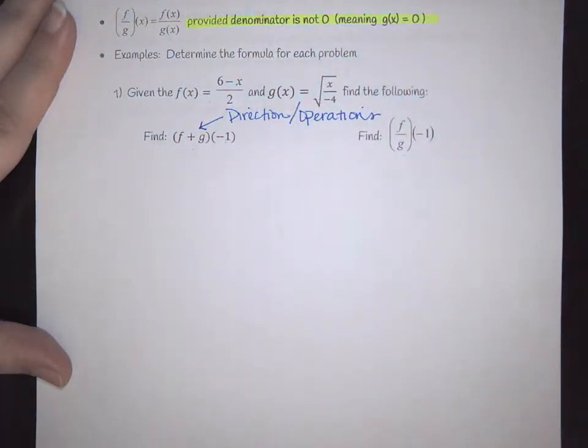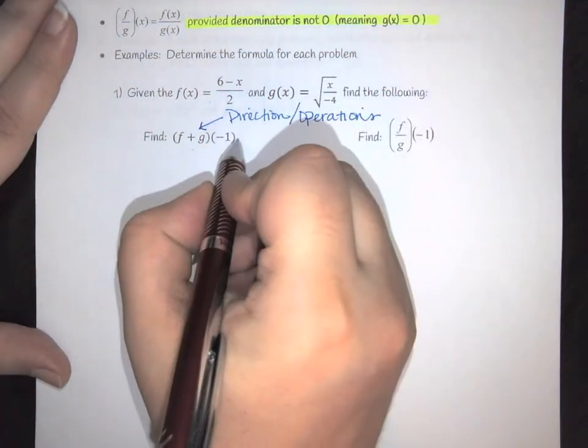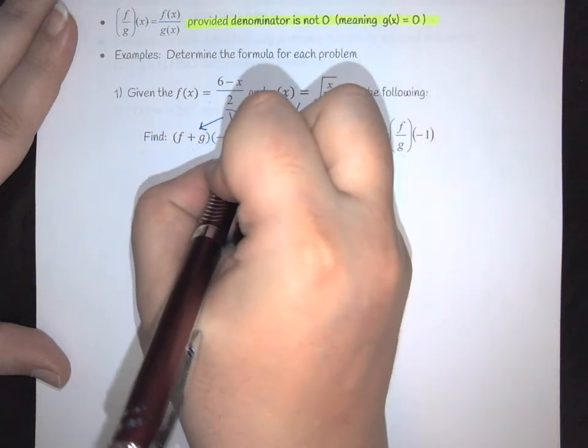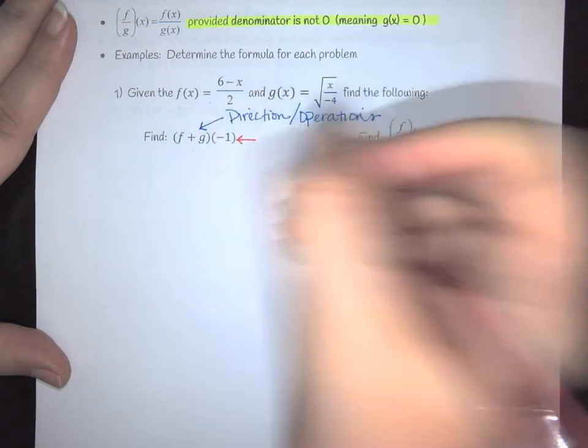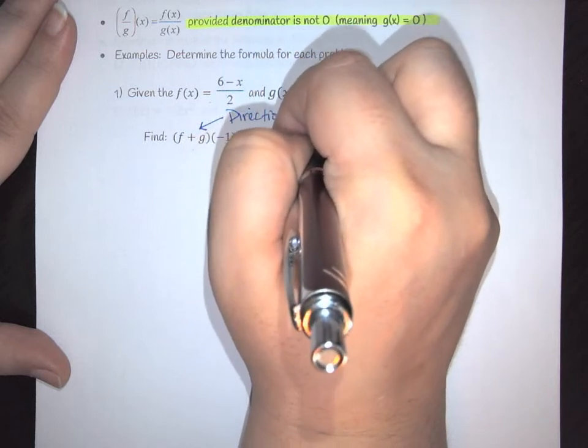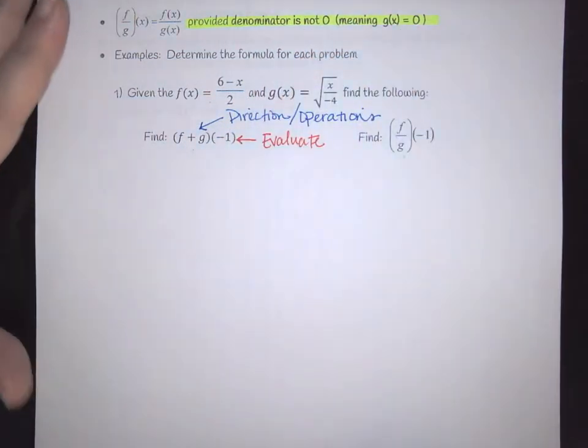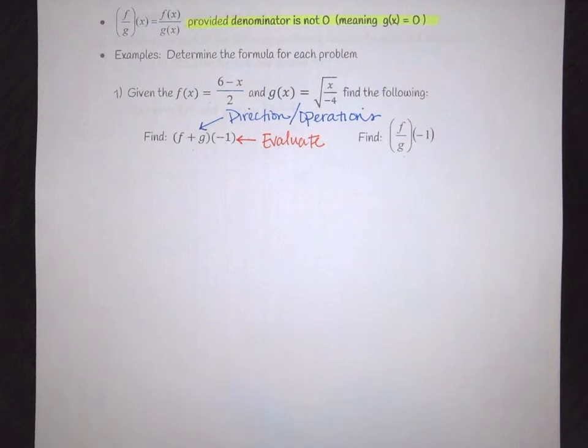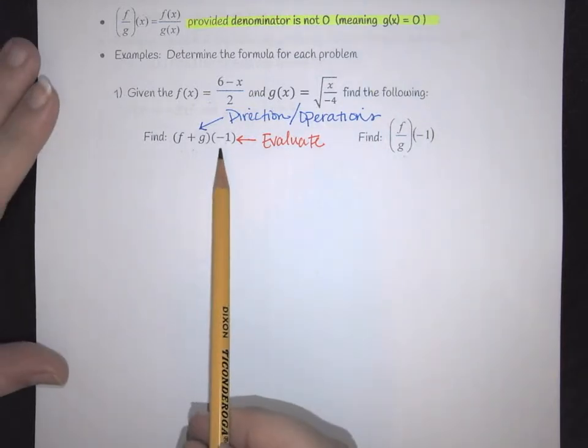The second part here tells you how you want to evaluate. Now, sometimes that's going to be a variable, and sometimes it's going to be a number. It just kind of depends on what it is that you're being asked. So here we've got a -1.